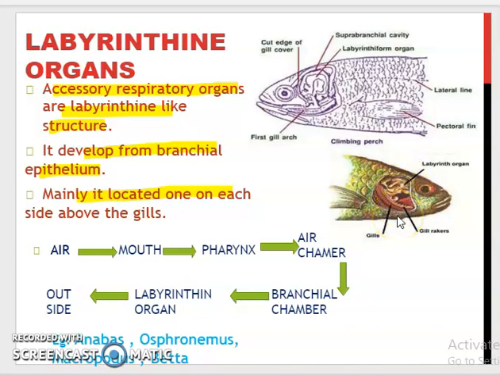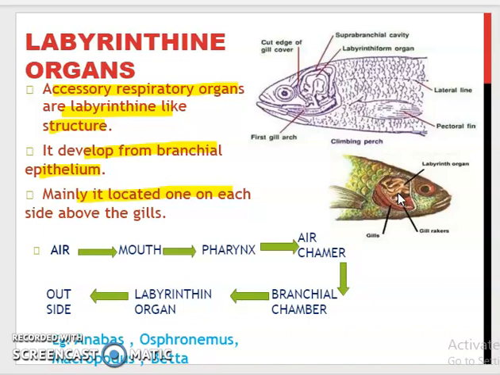They are extensions of the branchial chamber or branchial cavity, and they contain concentrically arranged wavy plates called the labyrinthine organ, which are outgrowths of the upper part of the first branchial arch. This is the first branchial arch that you can see here, and the labyrinthine organ is an extension of it.